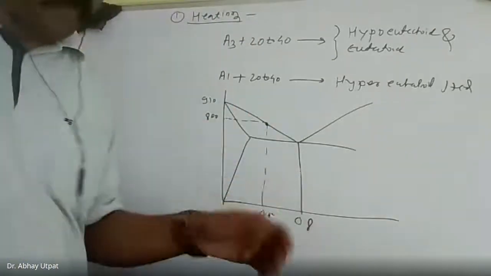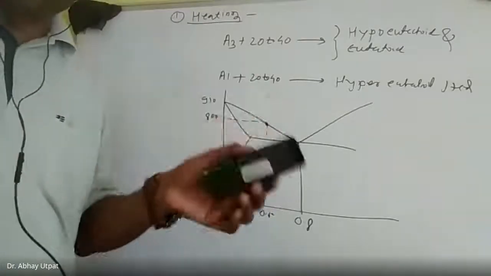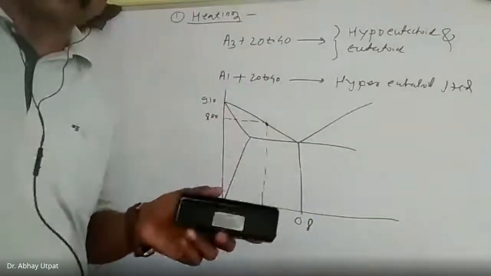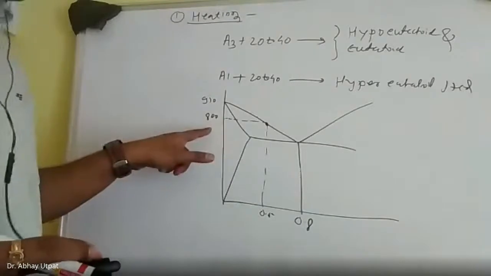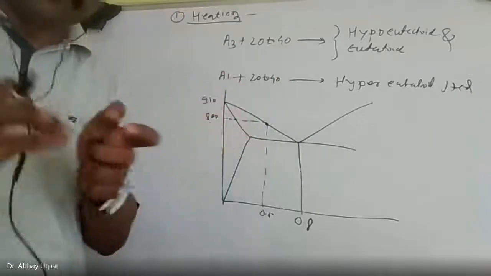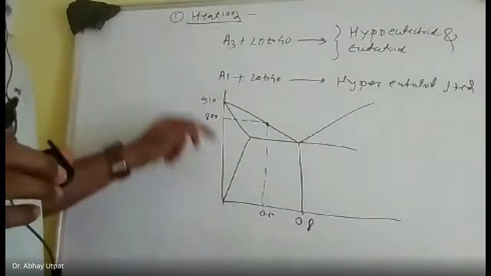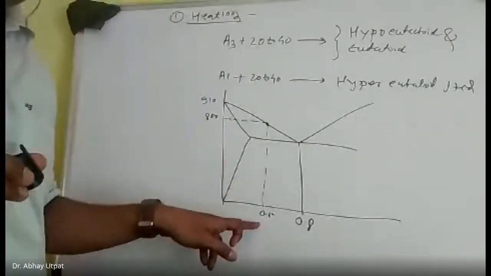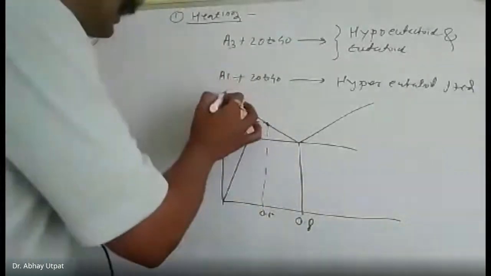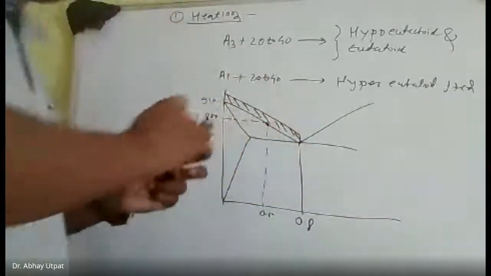Now I have a steel whose carbon is 0.5% and I want to carry out full annealing. At what temperature should I heat? These are the guidelines. I know the A3 temperature is 800. Then I will take 20 to 40 more, it depends upon you. Suppose I take 30 degrees more. So my heating temperature will be 830 for heating of 0.5% carbon steel during full annealing. That is the meaning. That's why this temperature band is shown. So in this zone, you have to heat.